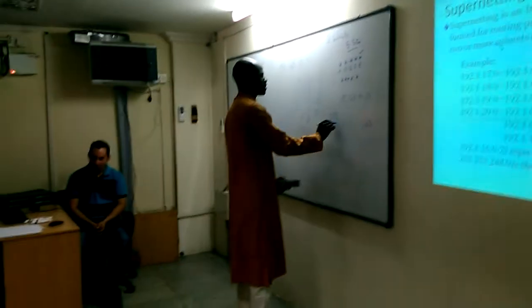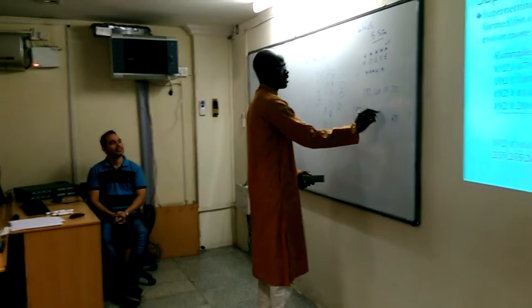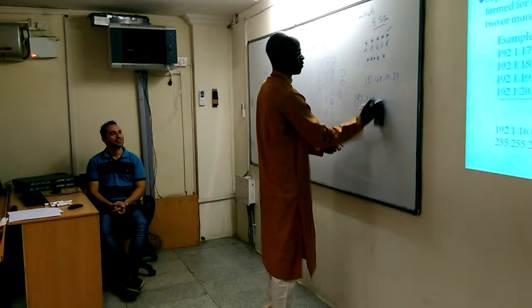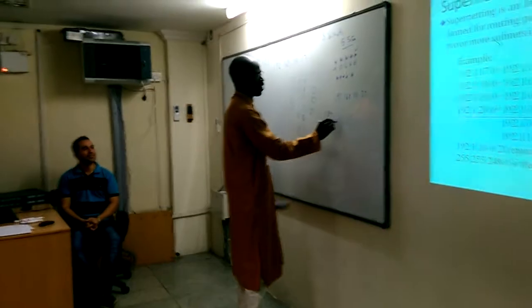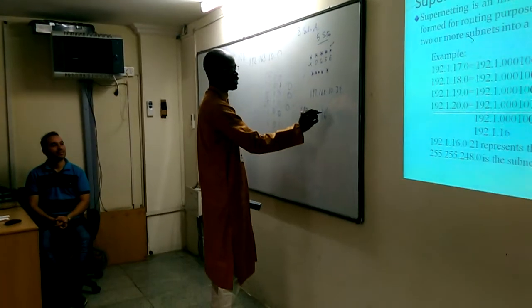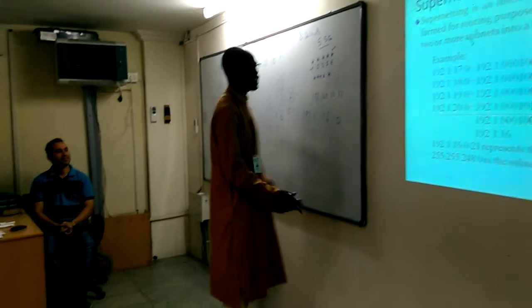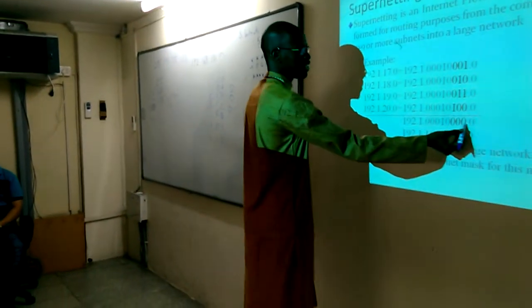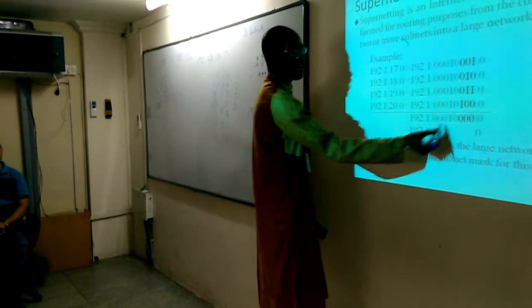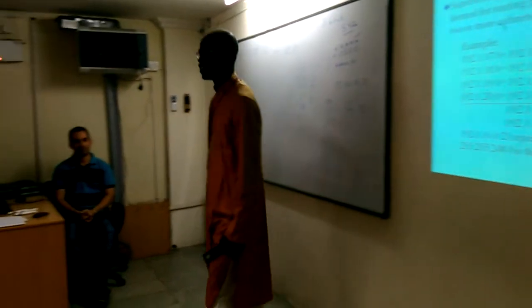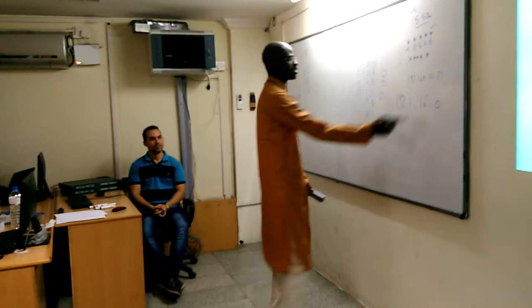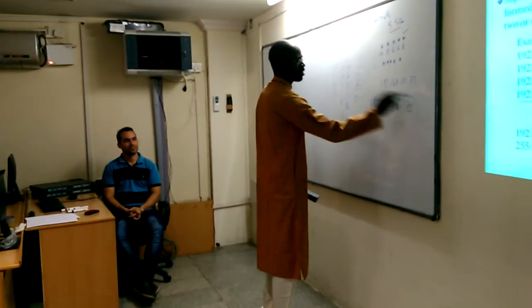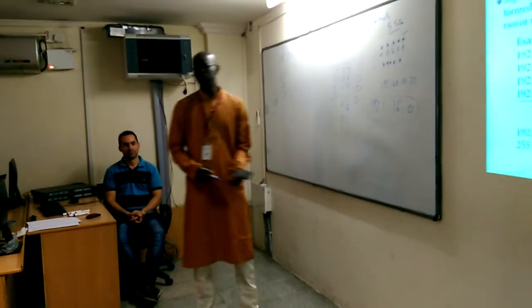That's why here we have the final address 192.168.16.0. Why 16? Because the last 8 bits here have a value of 16. This is our large network. That is supernetting.